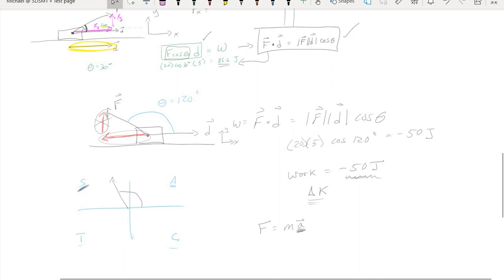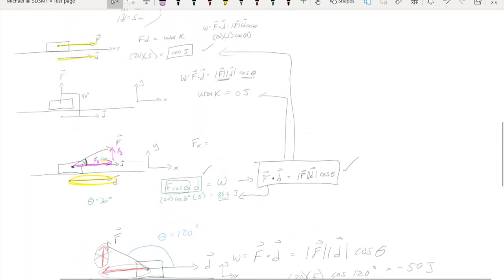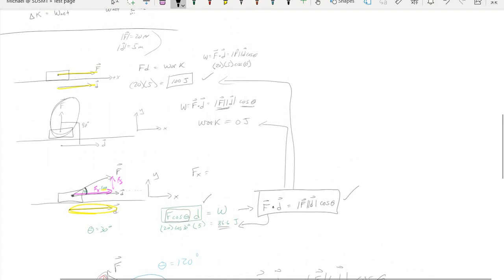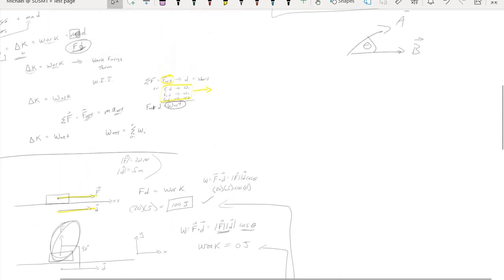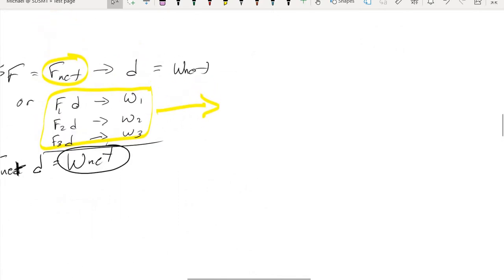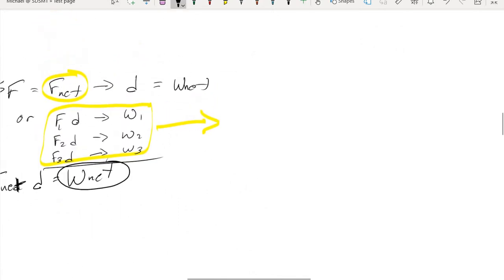But at the same time, you could have other forces in the system that might be doing positive work. You could have a force in your system that is doing zero work. So all of these forces, considering all the different kinds of work that they can do, some forces can do positive work, some forces can do negative work, some forces may do zero work.